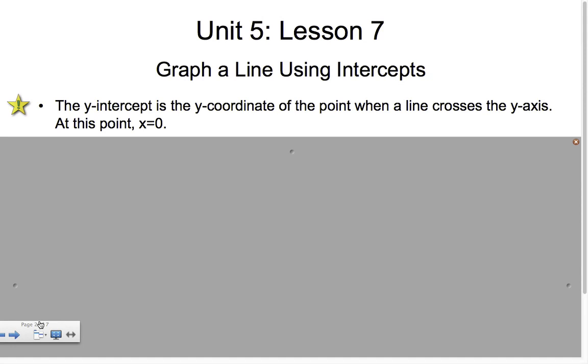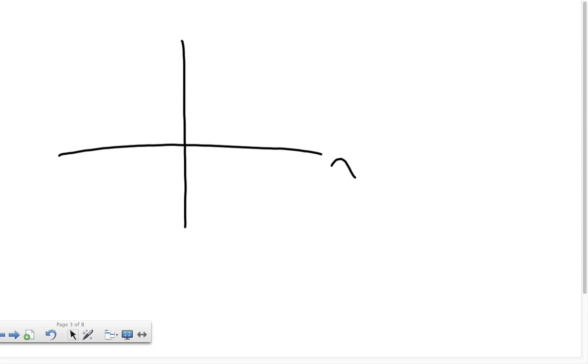So I have a line that looks something like this. So I have a grid, right? So this is my x, my y, and I have a line that looks like this.